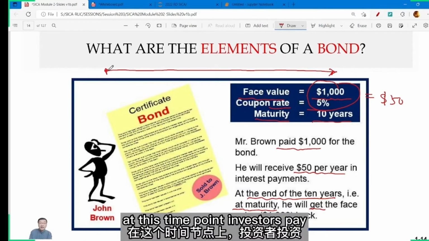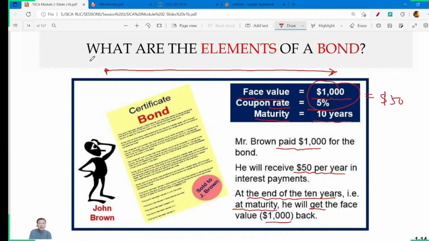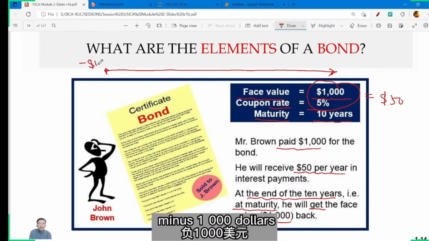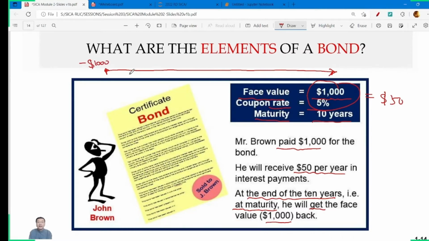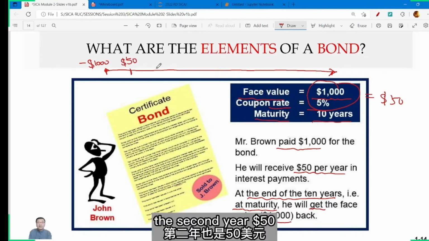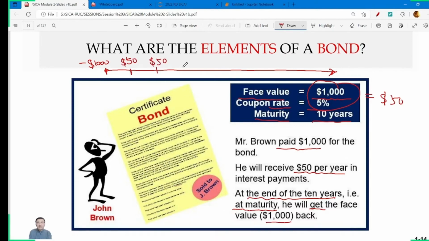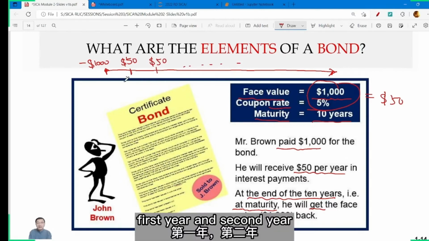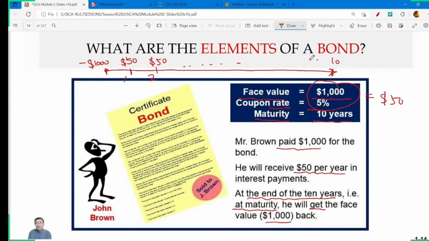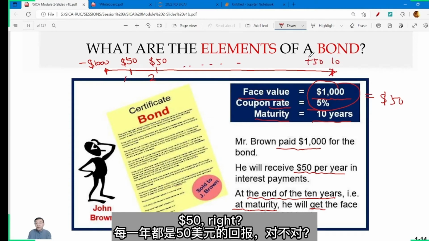At this time point, the investor pays $1,000 to purchase a bond. So in terms of cash flow here is minus $1,000. Then at the first year, the investor gets $50. The second year, $50, and so on until the 10th year, $50.